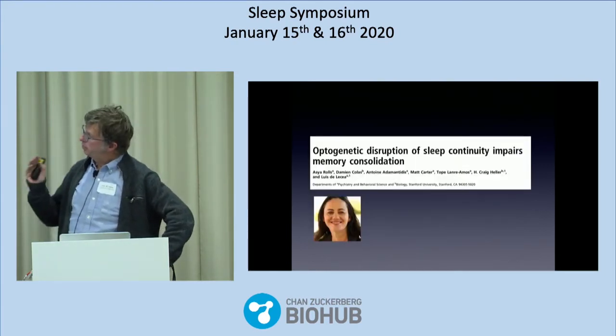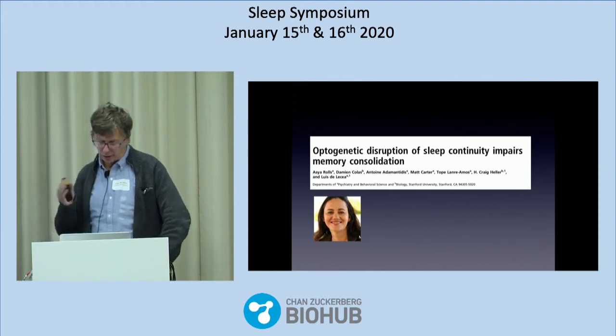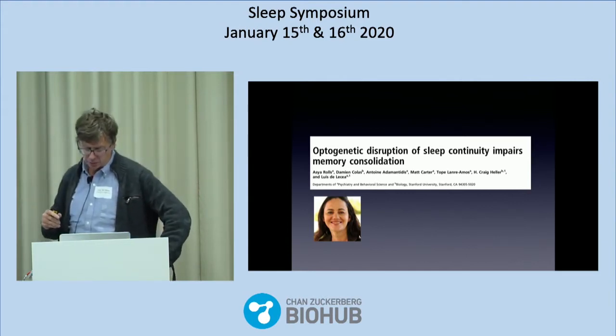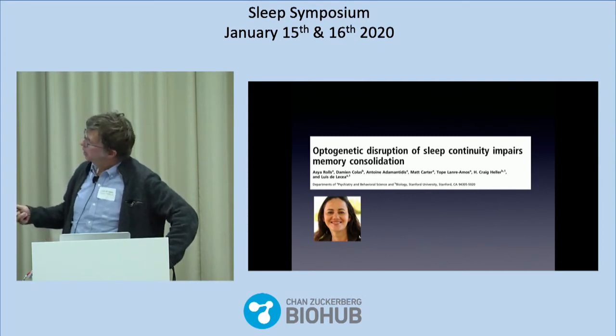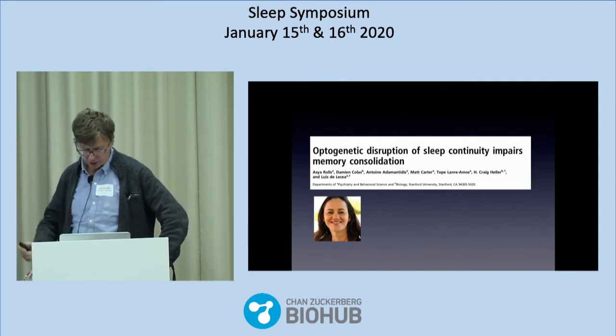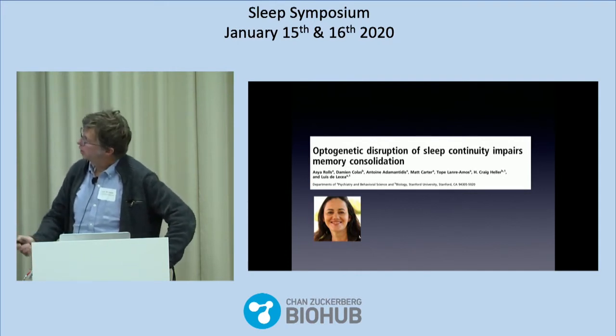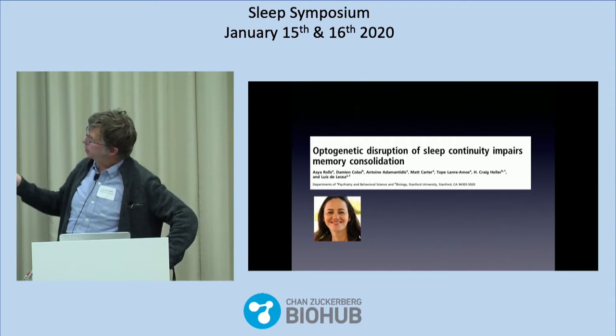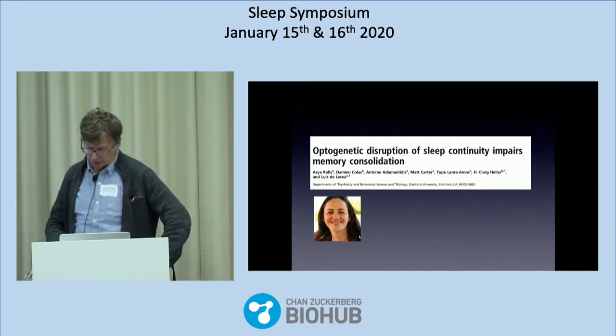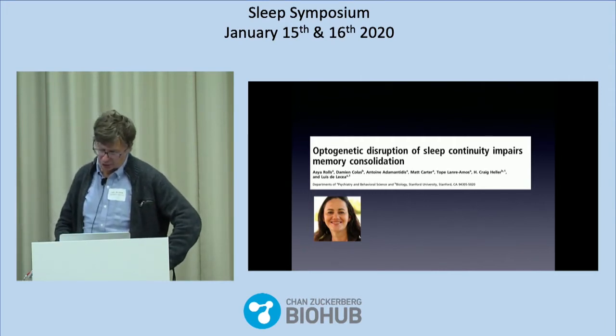So sleep disruption, like I said in the initial statement, affects sleep function. And we showed, actually, Asya Rolf, who is now at the Technion in Israel, showed that when we disrupted sleep optogenetically, essentially we fragmented sleep optogenetically, that affected memory consolidation.